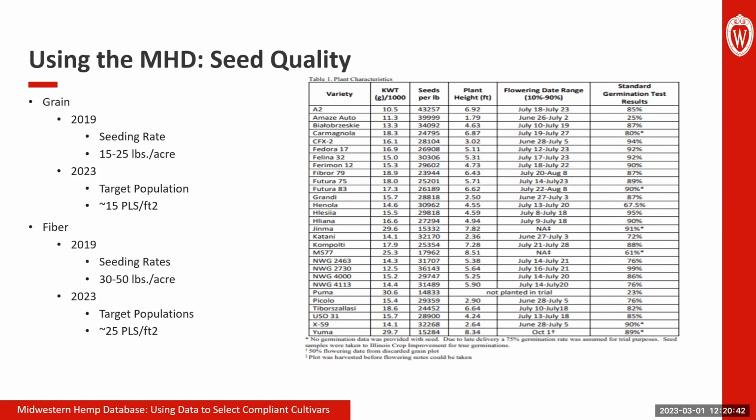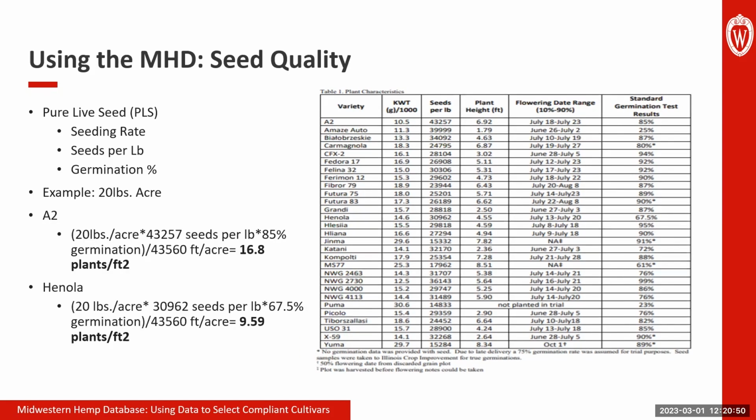And the same goes for fiber, where we were looking at seeding rates, and now we're looking at targeted populations of pure live seed. A specific example would be if we assume that we are growing a grain variety and we want to establish this at 20 pounds of seed per acre, looking at two different varieties, factoring in the seeds per pound and the germination rates, you can see that the amount of plants per square foot that we get is extremely variable.